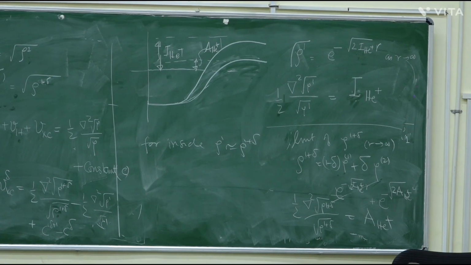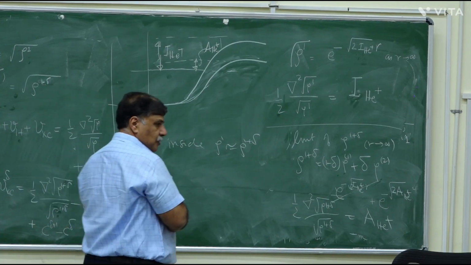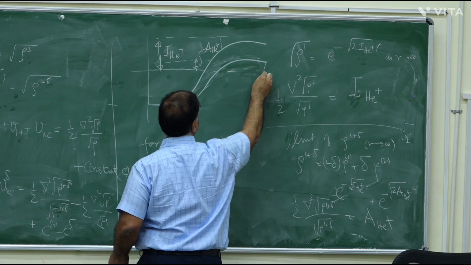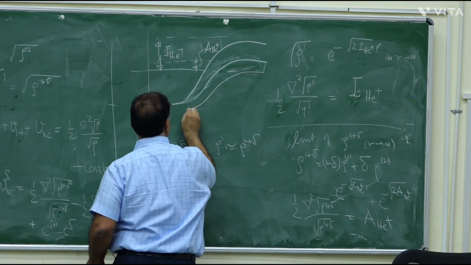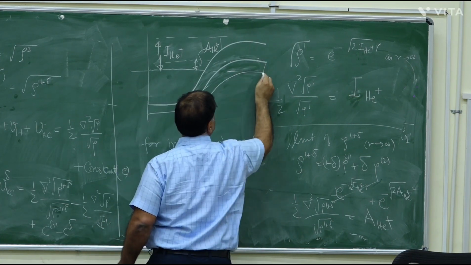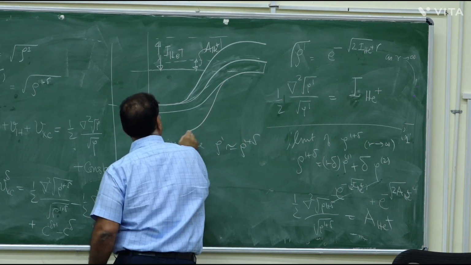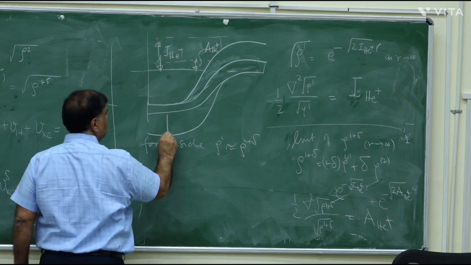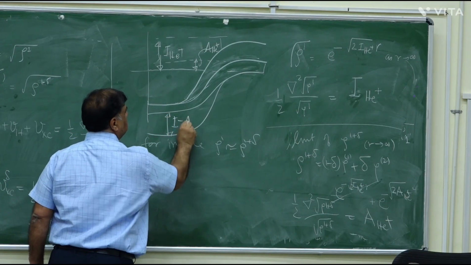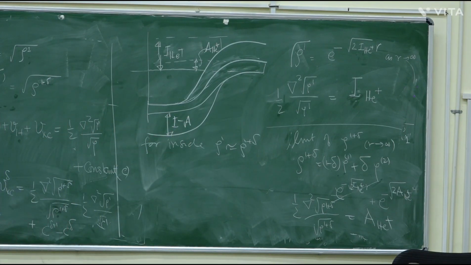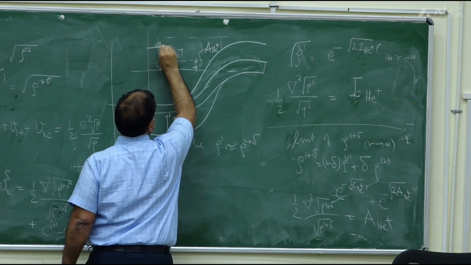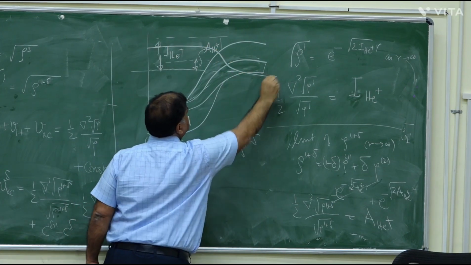However, I want them to be 0. So I'll shift. I wish I had colored chalk. If I shift this, I shift by only this much. It comes here. If I shift this, this fellow comes here. And this gap is I minus A. So the difference, if both are going to 0, is some constant I minus A, and then far away it goes to 0.